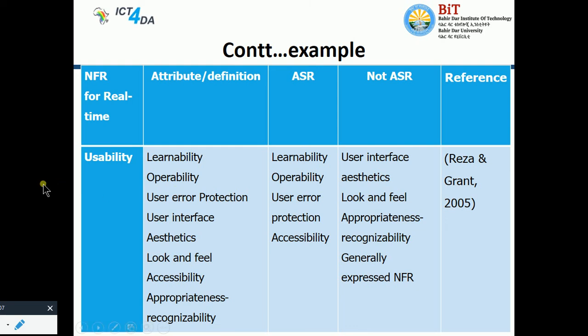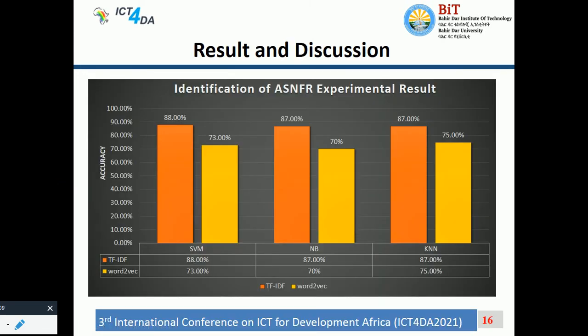Using this criteria, after building the model, we got this accuracy: the SVM algorithm performs at 88% using TF-IDF and 73% using the pre-trained Word2Vec version.